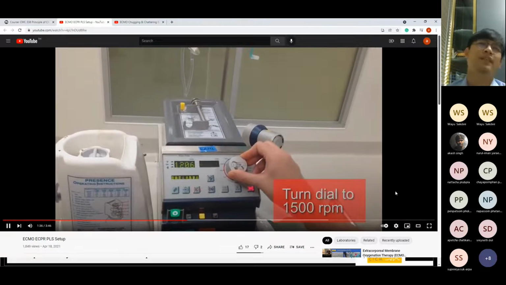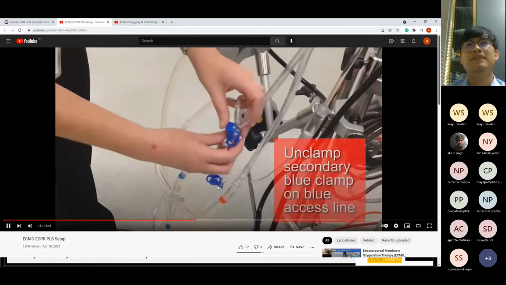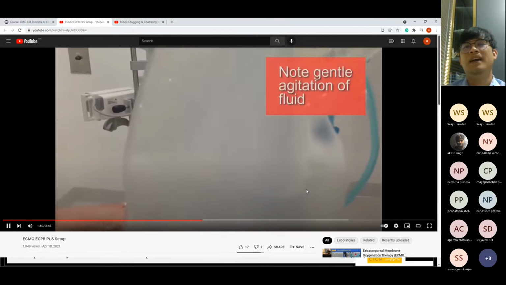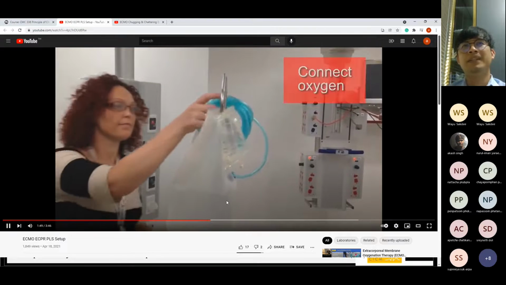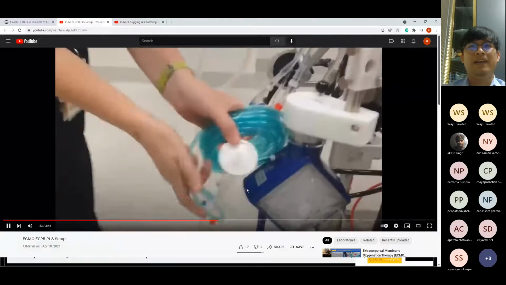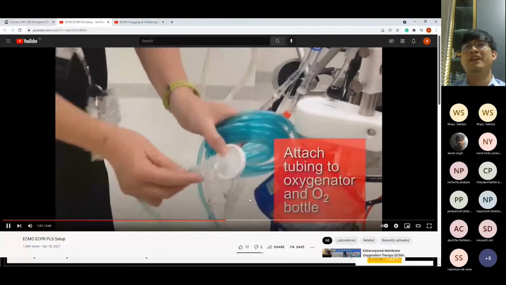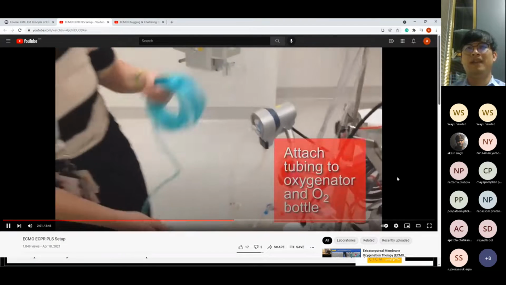So now she adjusts the flow and turns on the clamp and lets it automatically prime. It's almost automatic priming, but you need to recheck everything before connecting to the patient again.